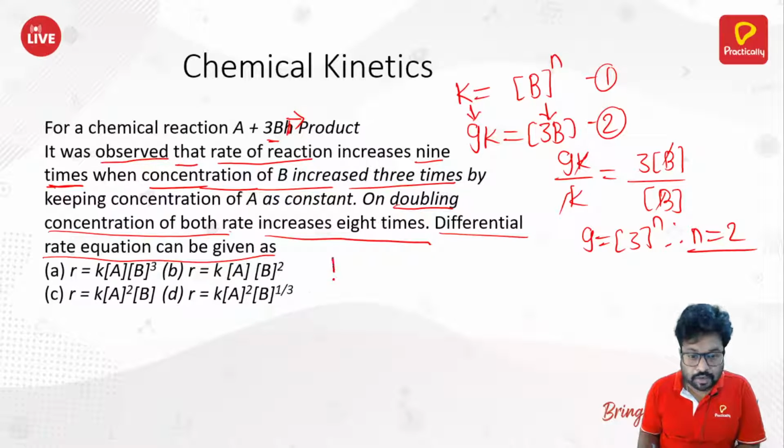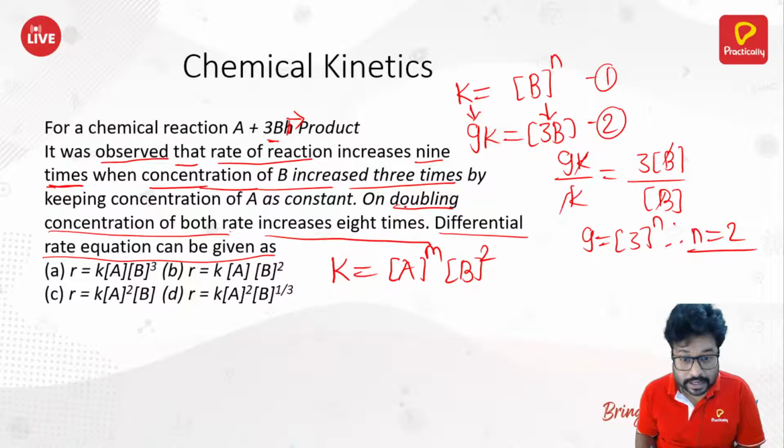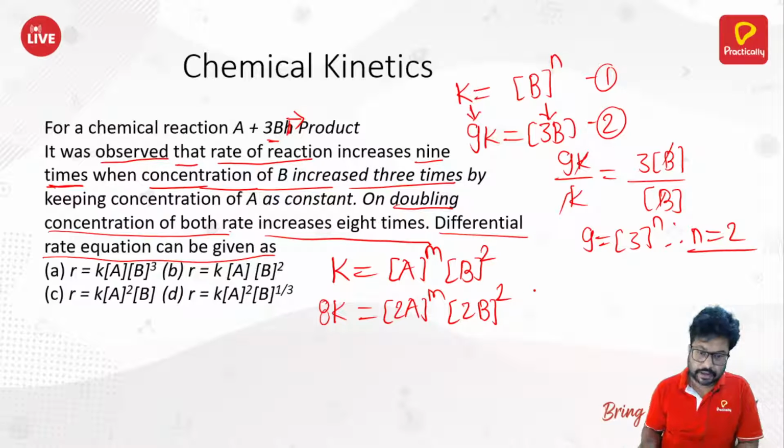Now, as far as the rate constant is concerned, for A, suppose it is M, and for B, it is 2. We just calculated it, right? So on doubling the concentration of both, rate increases 8 times. That means if you double the concentration, it becomes 8K. It is 2A raised to M, and 2B whole square.